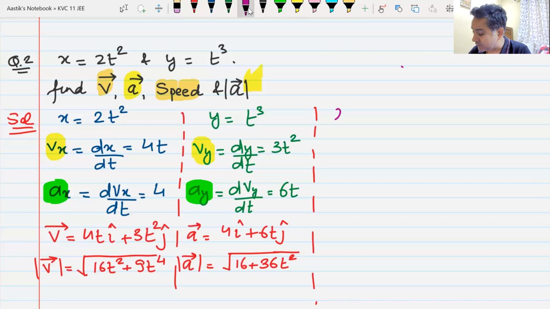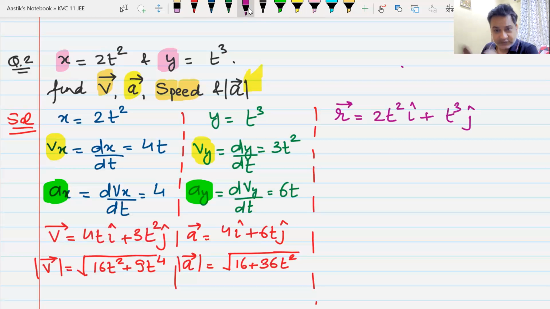Now, you could have done it this way, or you could have done it that way. So straight away you could have written the r vector, the position vector. See, you know the x coordinate, you know the y coordinate. So the r vector will become 2t square i plus t cube j. Doesn't matter, you are doing the same thing in different ways. Now I differentiate this with time, I will get velocity.